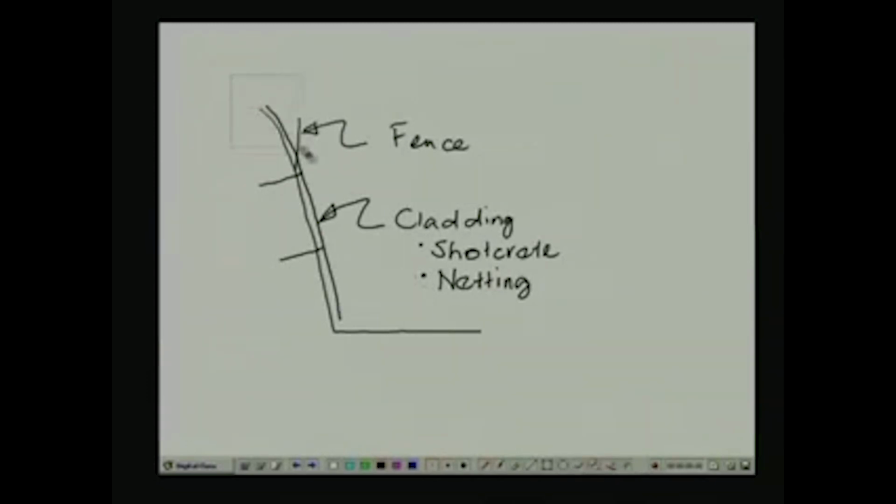Alternatively, what we could have is that we could flatten the slope, and we could have several intermediate benches above the road cut. That is also going to retain the incidental debris that may fall from the face of the slope.